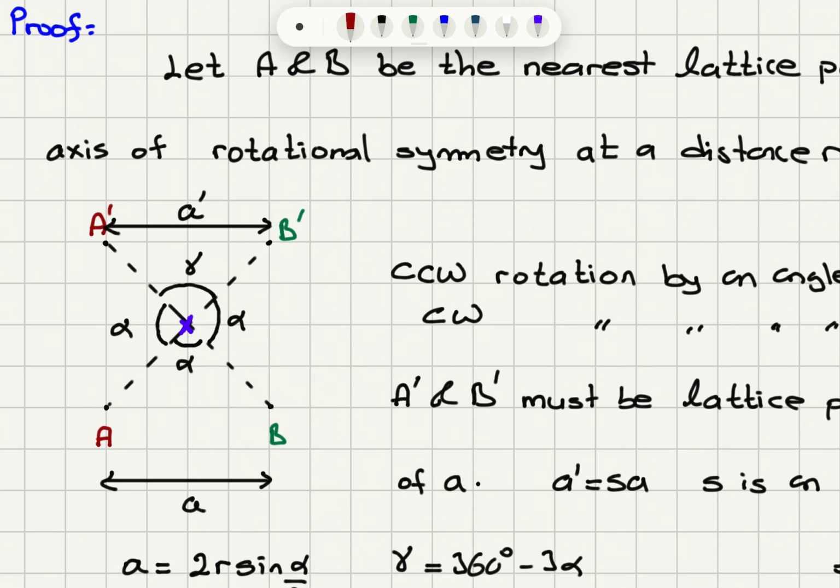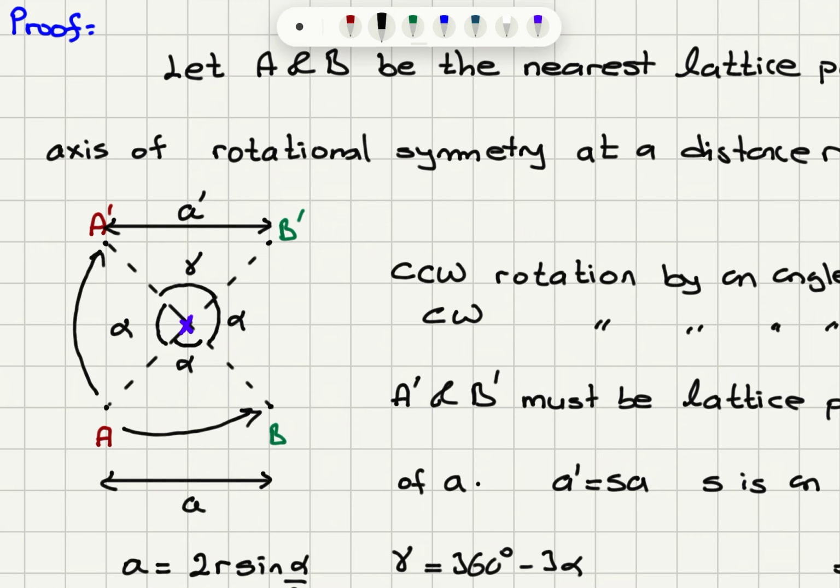So if I have a counterclockwise rotation by an angle alpha, you can see that this would take A to B. So A would be taken to point B when I rotate by an angle alpha. If I rotate by an angle alpha in the clockwise direction, however, it would take A to point A prime.